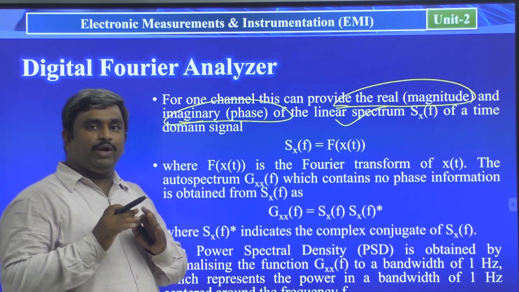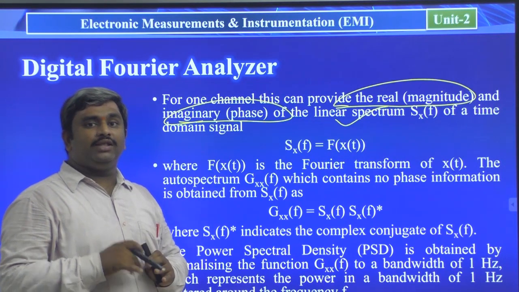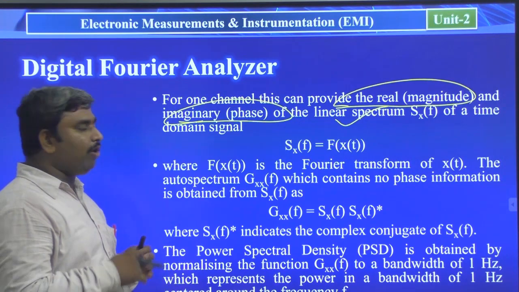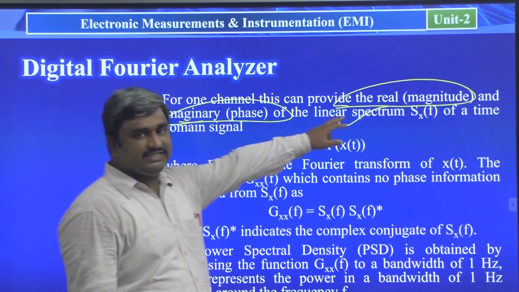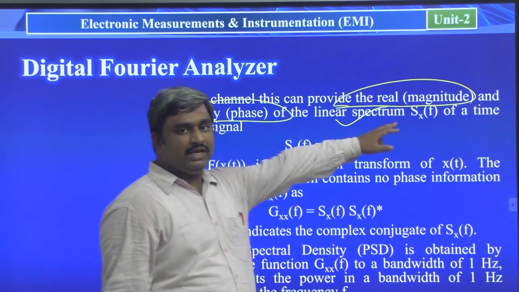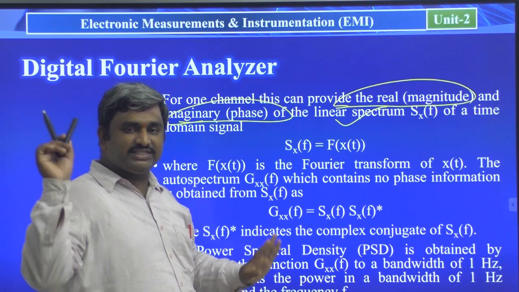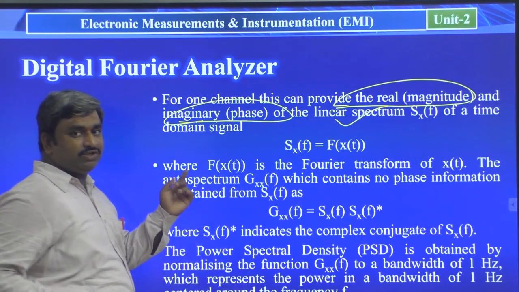One is Sx(f), the original information, and another is Sx*(f), where star indicates the complex conjugate of the signal.